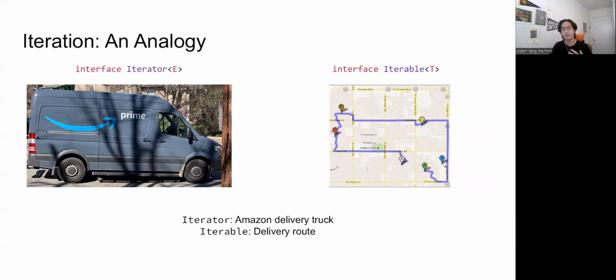They can also deliver to the next stop. This is like the next method within an iterator. And you aren't just limited to a single iterator for each collection. A collection can have multiple instances of an iterator going through that collection. So there can be multiple delivery trucks on the same route, each independently driving through that route.